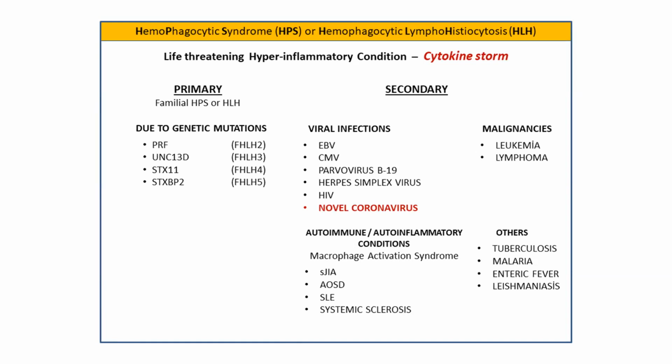Primary is usually familial and due to a genetic mutation, and secondary can be due to viral infection, malignancies, autoimmune or autoinflammatory conditions like SLE, systemic sclerosis, and other causes like malaria, enteric fever, leishmaniasis, and dengue as well. It is a hyperinflammatory condition leading to a cytokine storm.